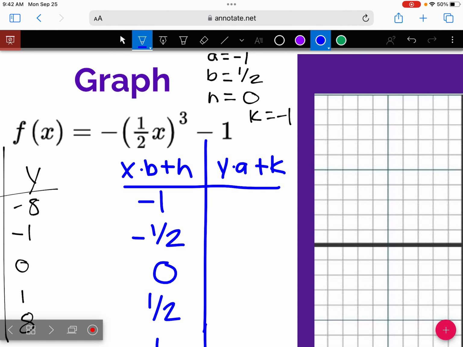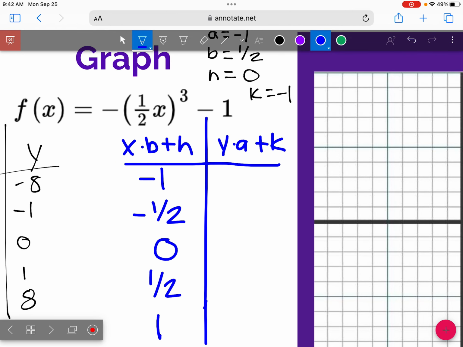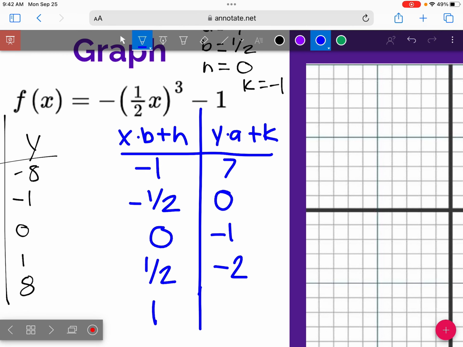Y times A, plus K. So -8 times -1 gives us +8, minus 1 is 7. Yep. -1 times -1 is +1, minus 1. 0 times -1 is 0, and then we subtract 1 to get down to -1. You're just taking them both steps. 1 times -1 is -1, then -2, and 8 times -1 is -1, -9.